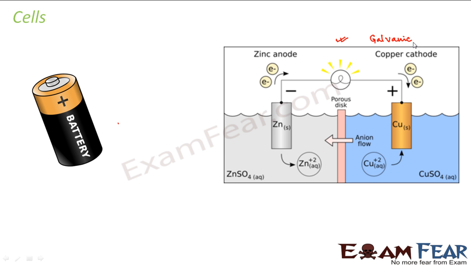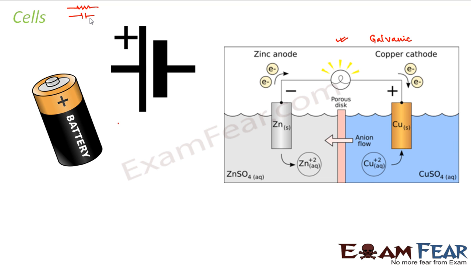Now, before that, let me tell you, whenever I talk of a cell in terms of circuits, I need to have a circuit symbol for a cell, like how I have for resistors, how I have for capacitors. You remember the symbols, right? You should. This is your resistor, this is your capacitor. So similarly, how do you represent a cell? You represent it like this.